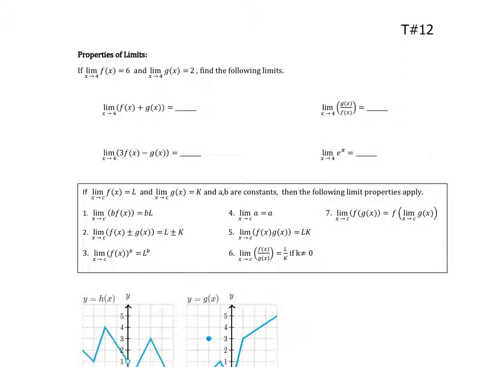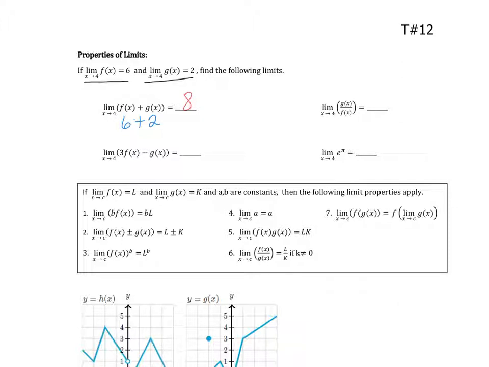So if I ask you this one, the limit as x goes to 4 of f of x plus g of x, I'm just going to take the individual limits. If the limit of f of x is 6, and the limit as x goes to 4 of g of x is 2, and if I ask you to guess at what you would do for the limit as x goes to 4 of f plus g, you'd say, I guess I would add those two limits together, and you'd be exactly right.